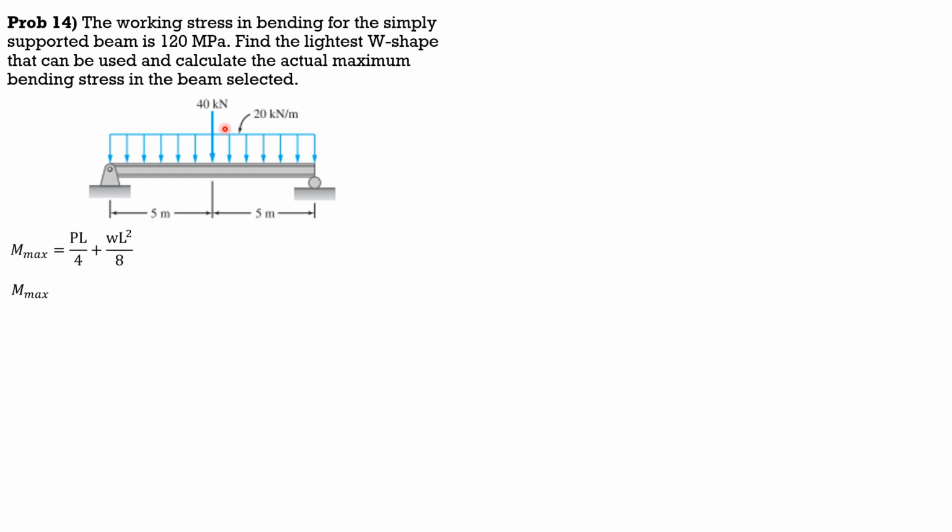So Mmax is 40 times 10 over 4 plus 20 times 10 square over 8. So therefore, the maximum moment is equal to 350 kilonewton meter.